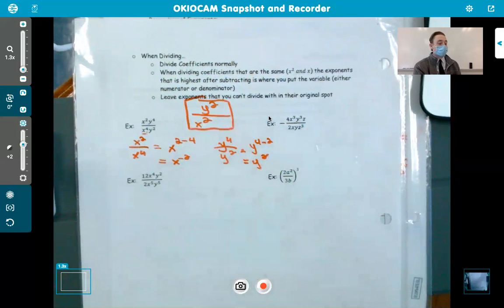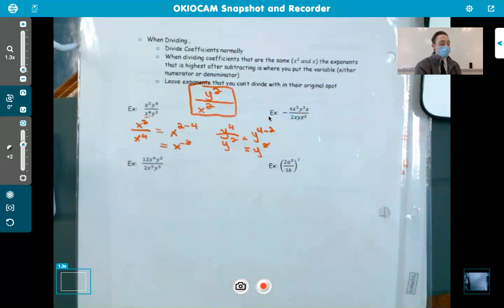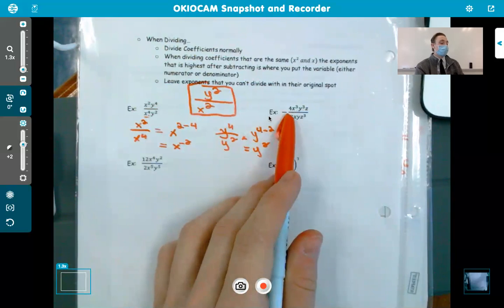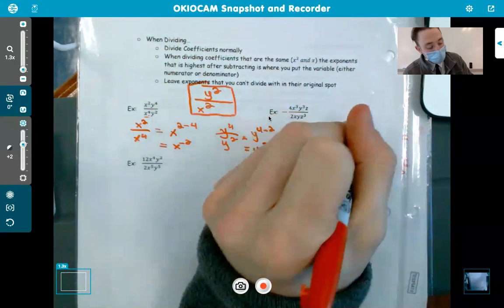The next example, I have negative 4x cubed y cubed z over 2x y z cubed. So now I'm dealing with three variables and I have coefficients. Take it variable by variable and it'll be a lot easier for you. First thing I'll do is divide coefficients. What's negative 4 divided by 2?